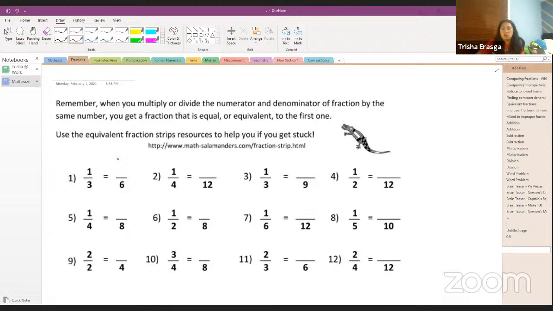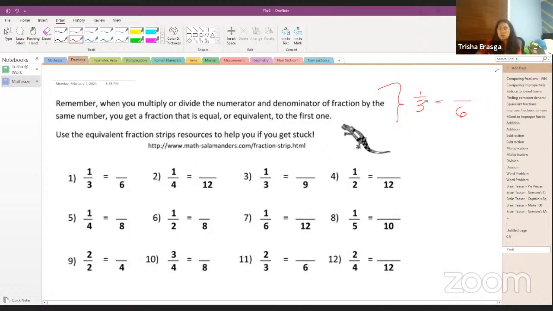But if not, this is kind of like how you figure out how to do equivalent fractions. So I'm just gonna write on this side here. So for the first one, we have 1/3, and that's equal to a blank over 6.